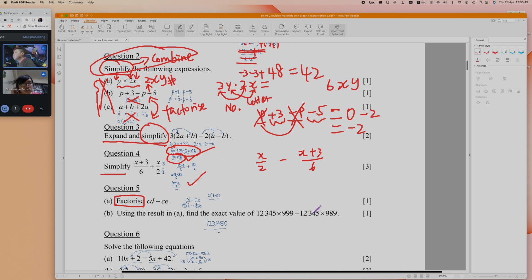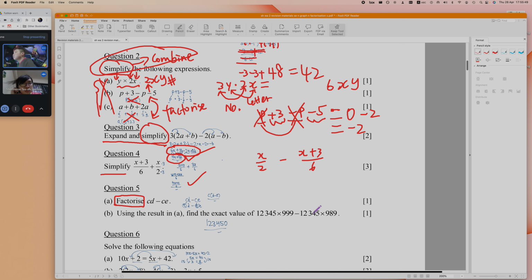Okay, I will suggest when you write in your exam, right, you use a pencil to write this 3 times, because these 3 times, you are not supposed to write it down anyway for your marker. You can write it down for your own reference, but not for your marker. Are you clear?